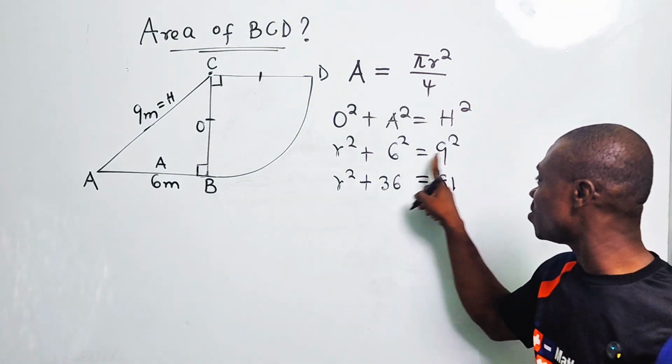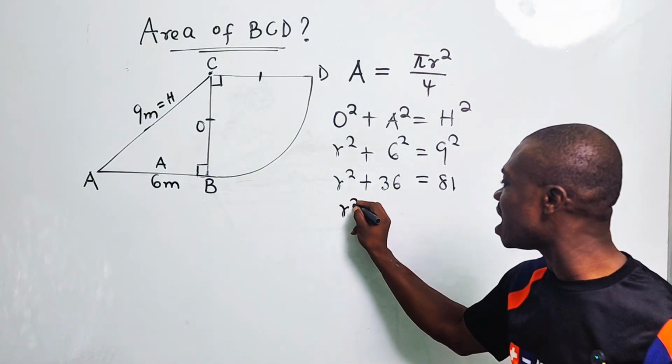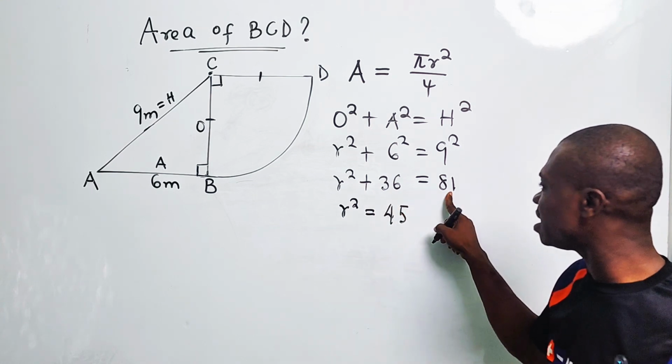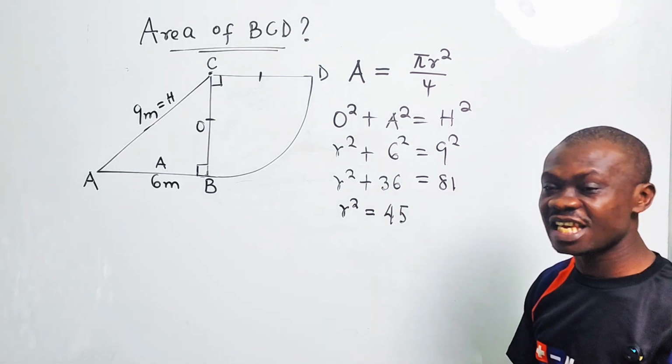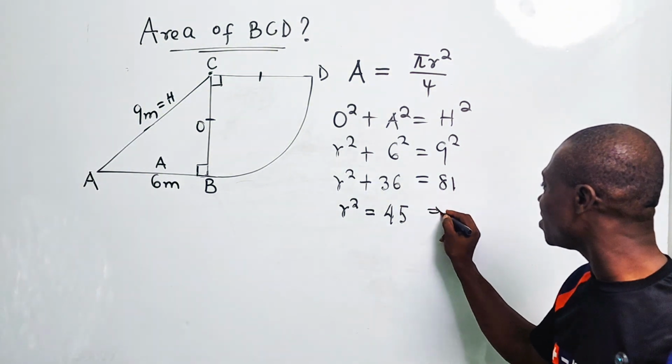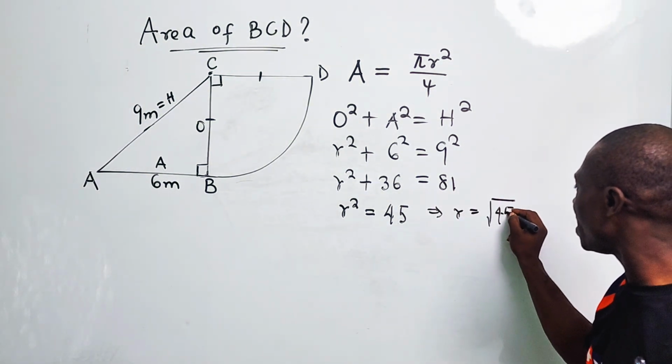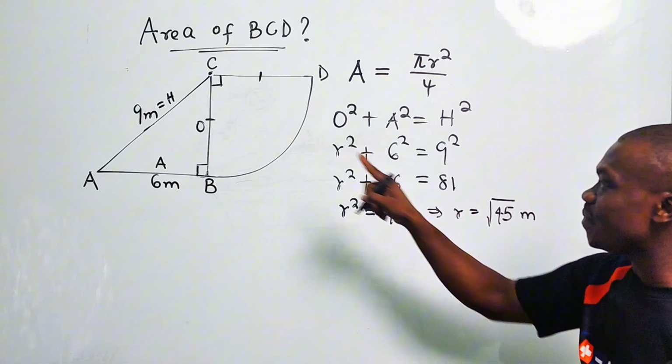Taking this over to the other side, r squared is equal to 45, which is 81 minus 36. That gives us that r is the square root of 45. Remember, it is in meters.